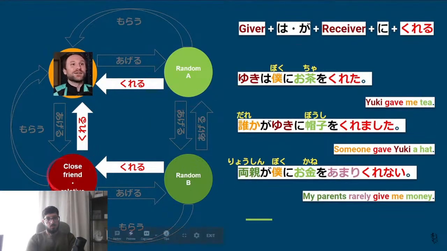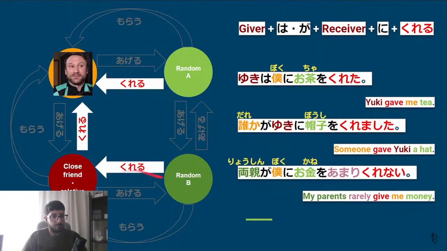So let's go over some examples. So Yuki wa is down here. 僕に so we're going this direction お茶をくれた. Yuki gave me tea. Next is 誰か, so someone. 誰かが, now we don't know who it is so we're going to use が, we're not going to make them the topic of the sentence. Yuki に, so Yuki's over here, 帽子をくれました.